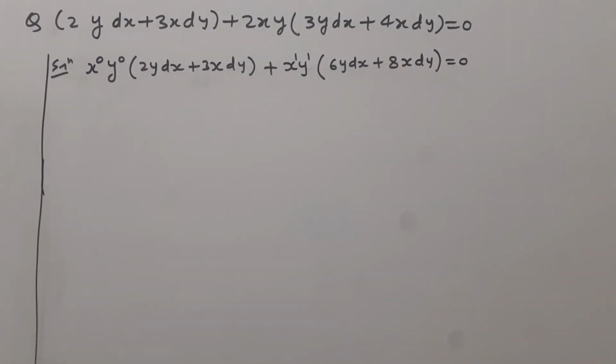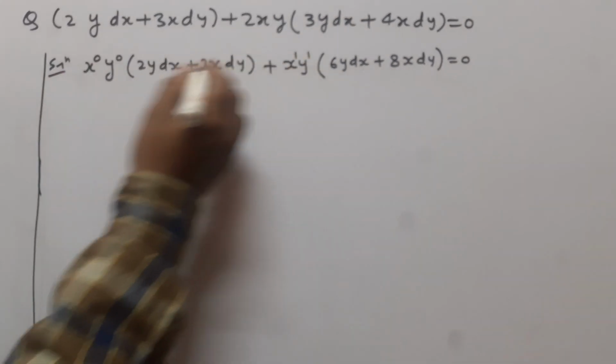So this is in the form x^a y^b (py dx + qx dy) + x^c y^d (my dx + nx dy) = 0.